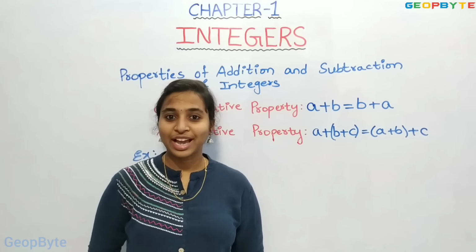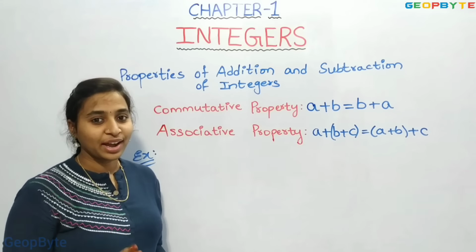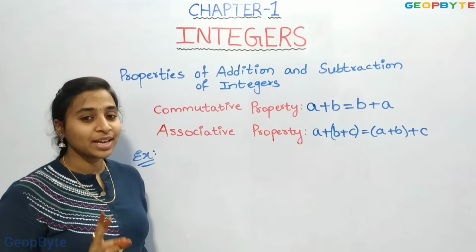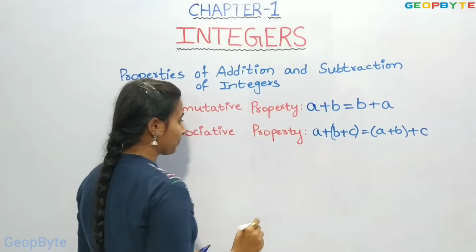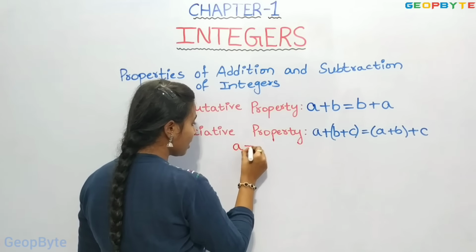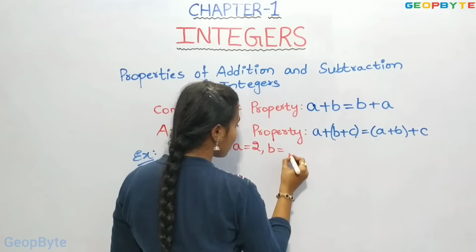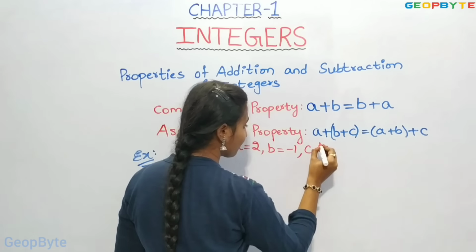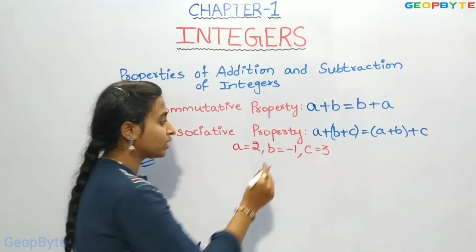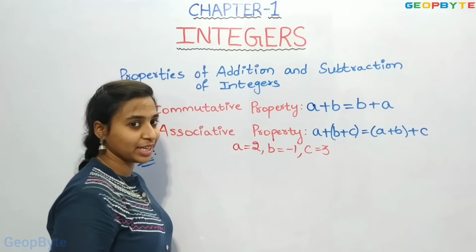Till now, we have seen the examples of properties of addition. Now, let us see the examples regarding the properties of subtraction. Let us consider A as 2, B as -1, C as 3. Now, I have involved the number which is negative. Let us prove these two properties.